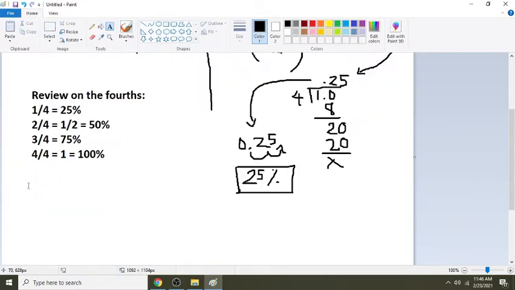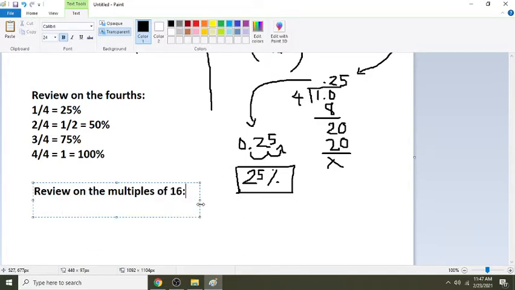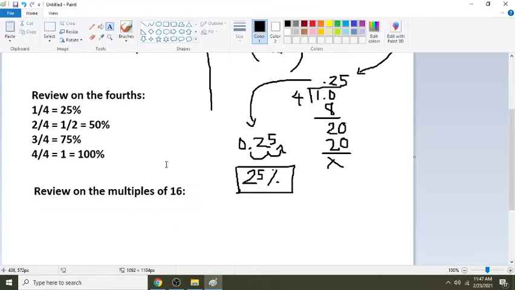Also, you would need a review on the 16ths, or the multiples of 16. The quickest way to do that with a calculator is to basically add 16 plus 16 plus 16 plus 16.